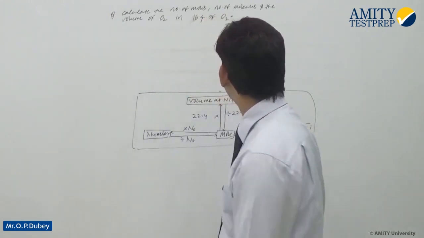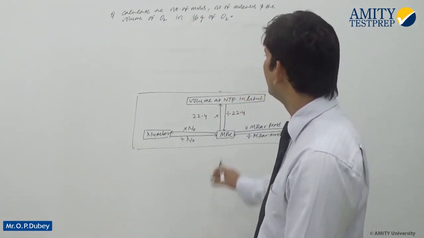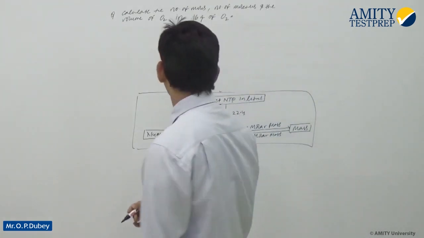Calculate the number of moles, number of molecules and the volume of 16 gram of oxygen.